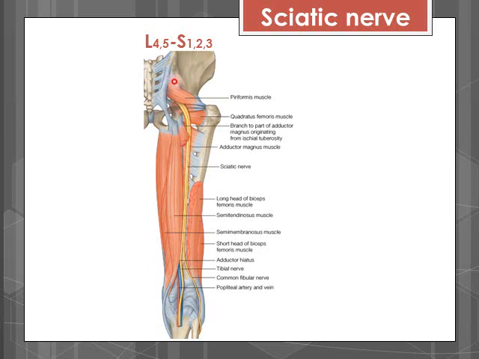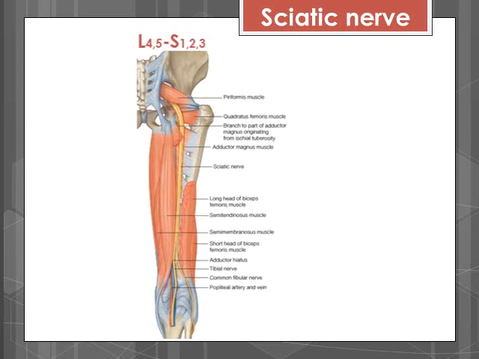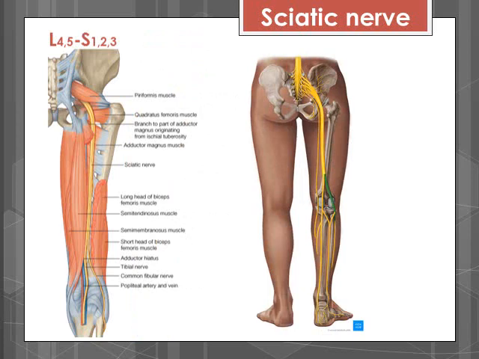It leaves the pelvis through the greater sciatic notch, enters the gluteal region below the piriformis, descends to the back of the thigh, and about at the middle of the thigh it divides into medial popliteal or tibial nerve and lateral popliteal or common peroneal nerves.